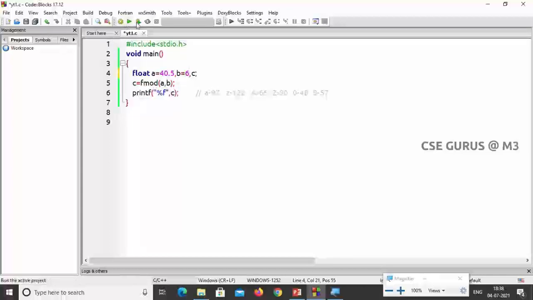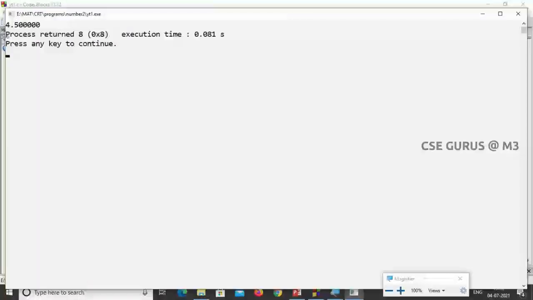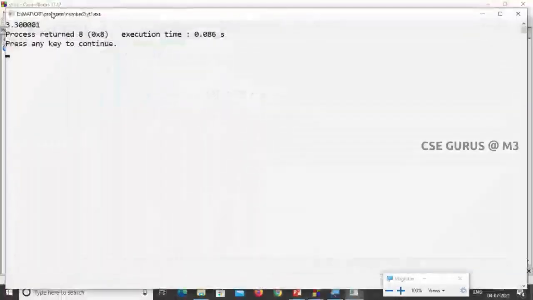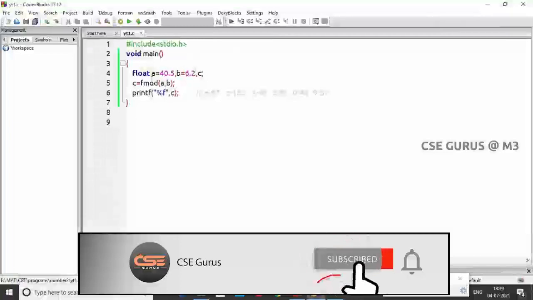We'll see this output. Yeah, 4.5. So remember this part: fmod is used when you want to find the remainder for a decimal number. Even you can write it as 6.2, and then also you can find the answer. So you can use fmod in place of percentile.